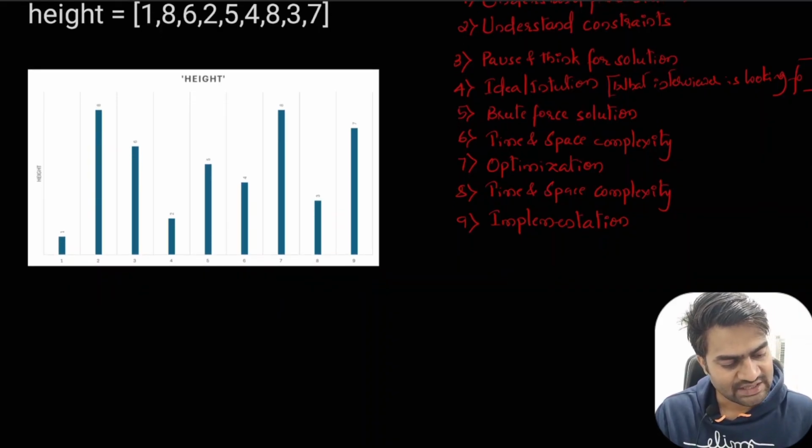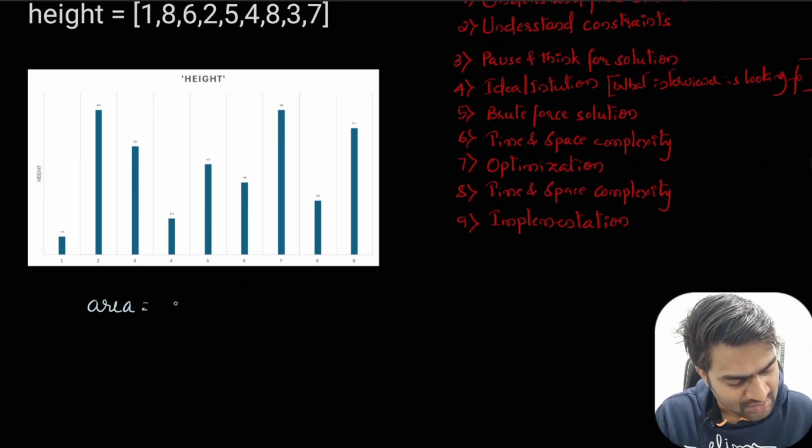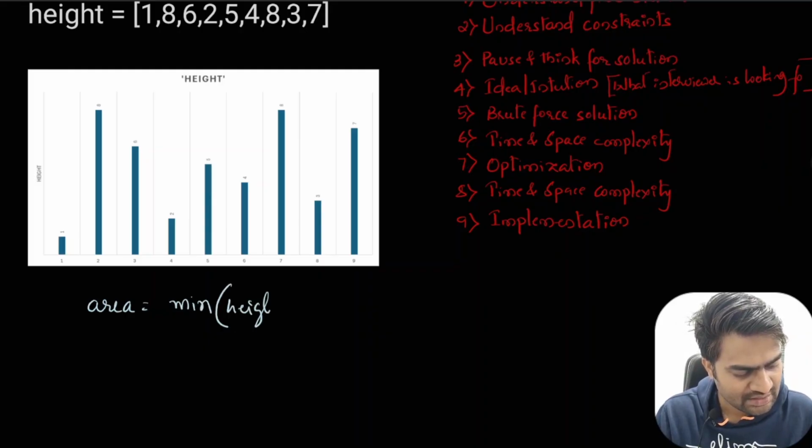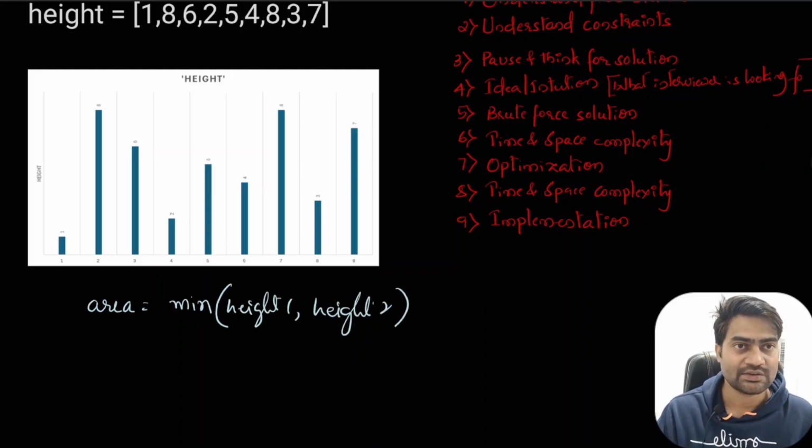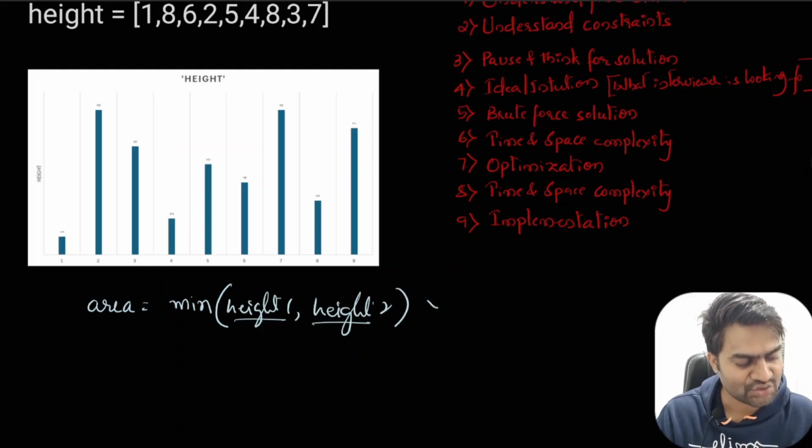Now let us write our formula. Area equals minimum of height 1, height 2, where this is one line and this is another line, into the distance between the lines.